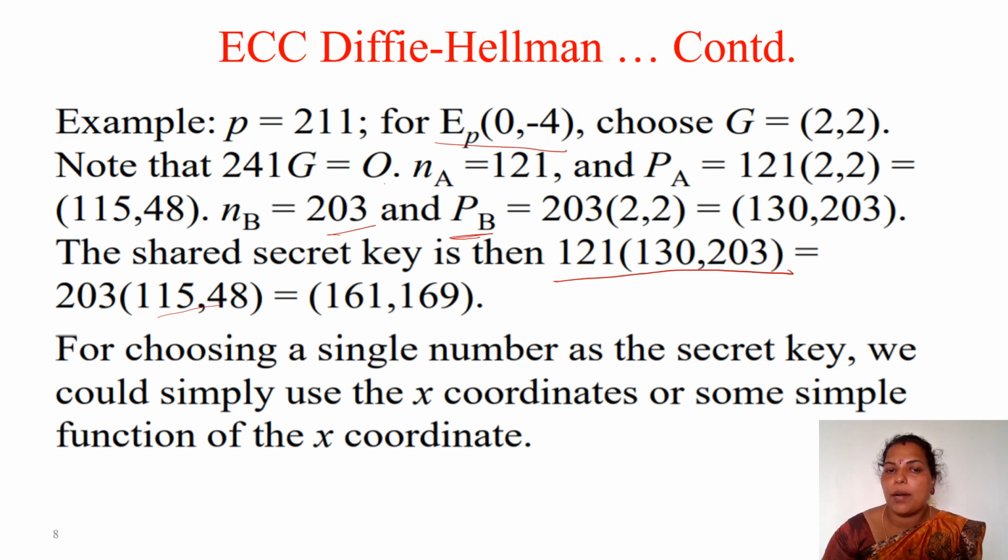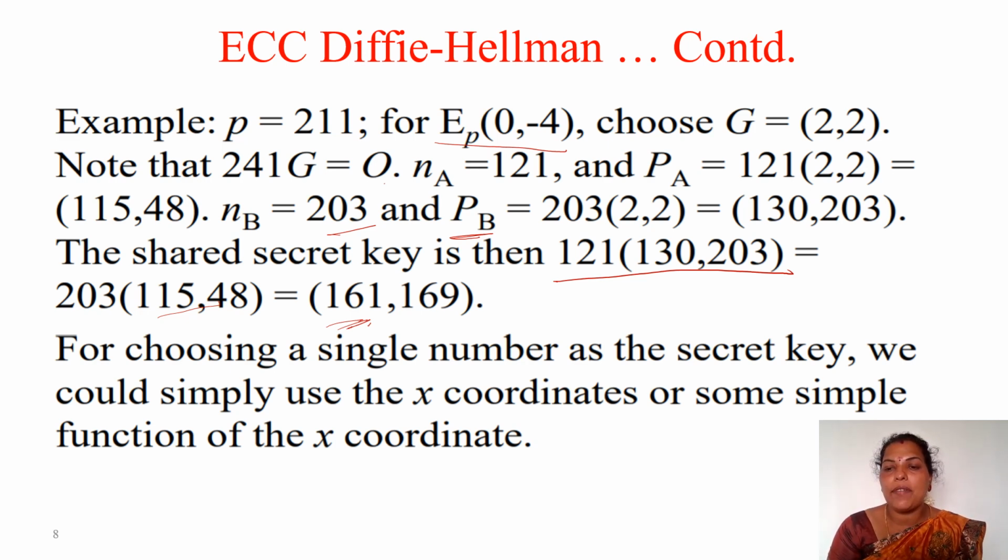Then we are getting two different computations, that is 121 into (130, 203), and the other party computed 203 into (115, 48). So finally both the values are the same, that is (161, 169). For choosing a single number as the secret key, we could simply use the x coordinate or some simple function of the x coordinate. So here we are using a point, and with respect to the point only we are performing the computation.